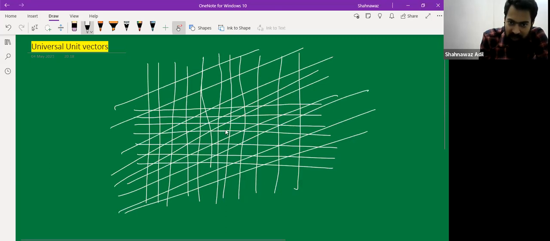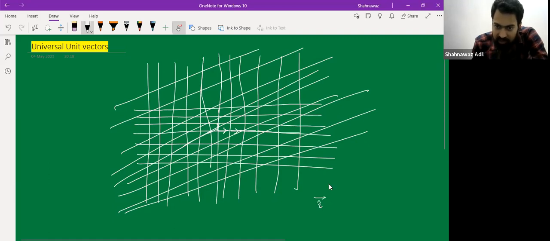Each slice in the x direction is 1 unit, 1 unit, 1 unit. In the y direction, each slice is 1 unit, 1 unit, 1 unit. And in the z direction, 1 unit, 1 unit, 1 unit. This is x, this is y, and this is z.